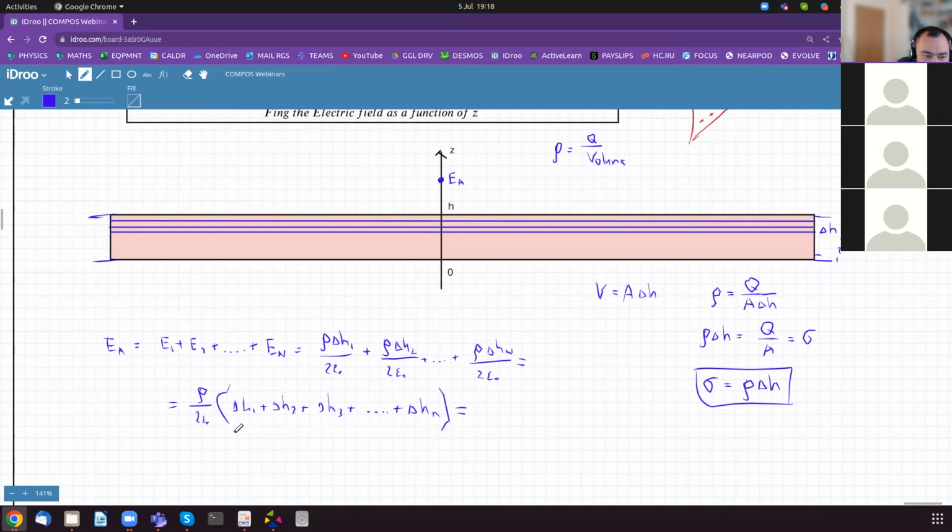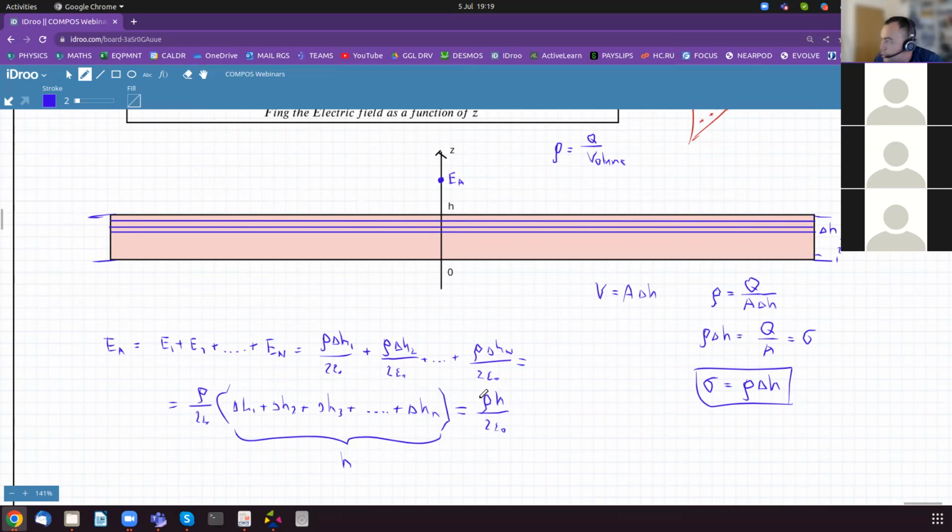So what do I get if I add these all together? Delta H1 plus delta H2 plus delta H3. What do I get? H, of course. So it's going to be rho H over 2 epsilon naught.